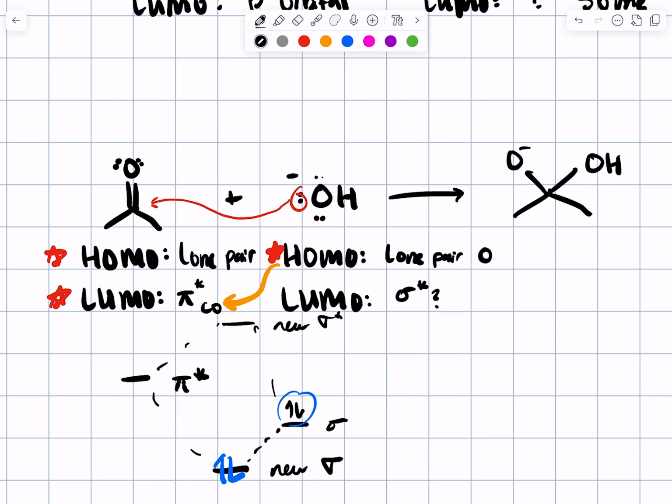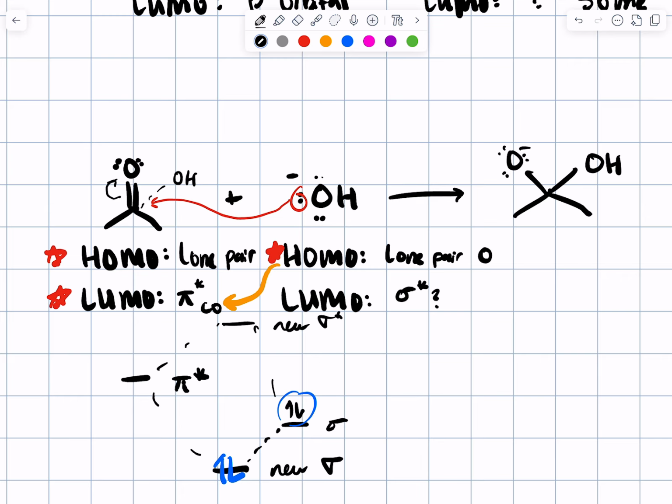If we create this bond, if we have that OH bonding right there, we're going to have an angry carbon right here. This carbon now has 5 bonds to it. So we need to do something that's going to make that carbon happy. So we're going to push some electrons onto that oxygen. It's going to now have 3 lone pairs, giving it that negative charge.